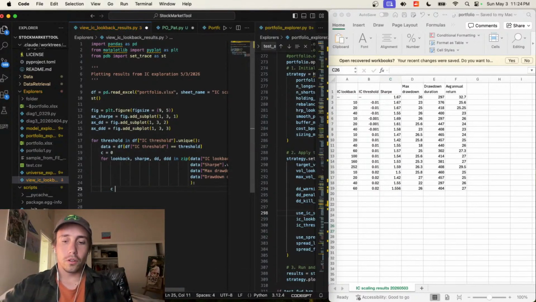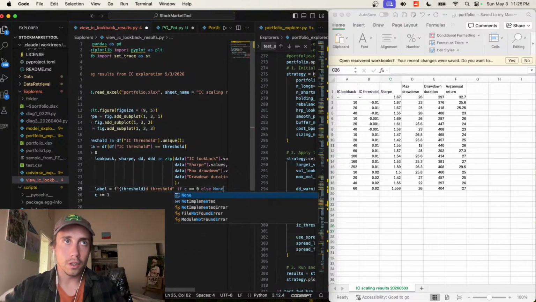All right, first we'll do c plus equals 1 at the end of the loop, and then we'll say label is equal to threshold if c is equal to 0, else none.